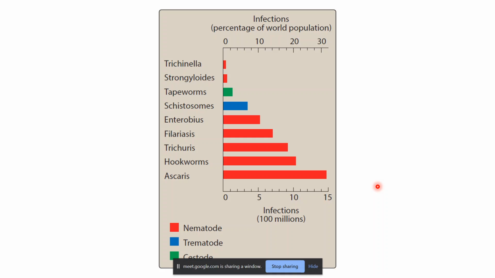Like nematodes are most common, and the ascarids are like the most common of them, but also hookworms and filaria are common in Africa, and Enterobius and Schisto are common in Africa too. So ascariasis is common worldwide.